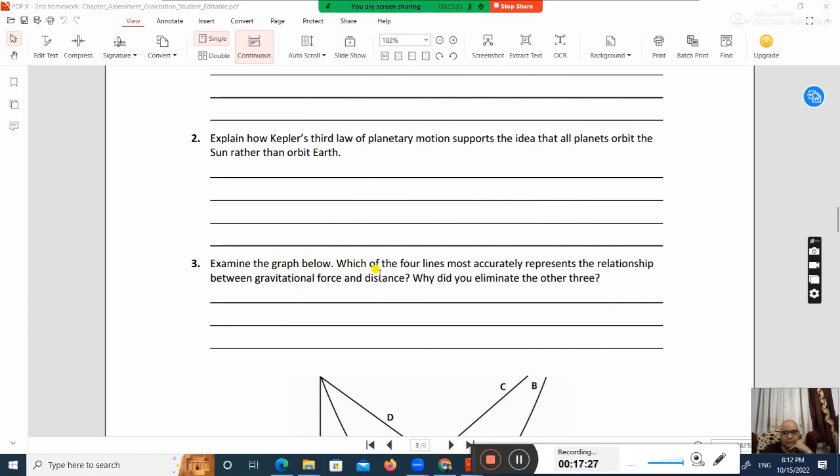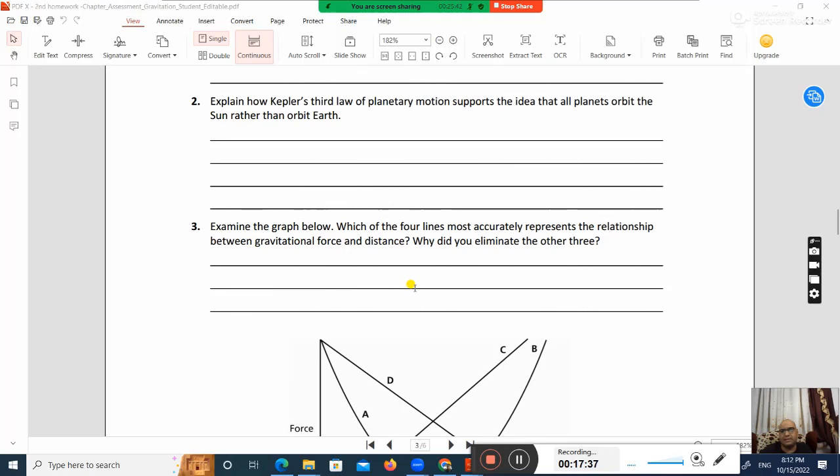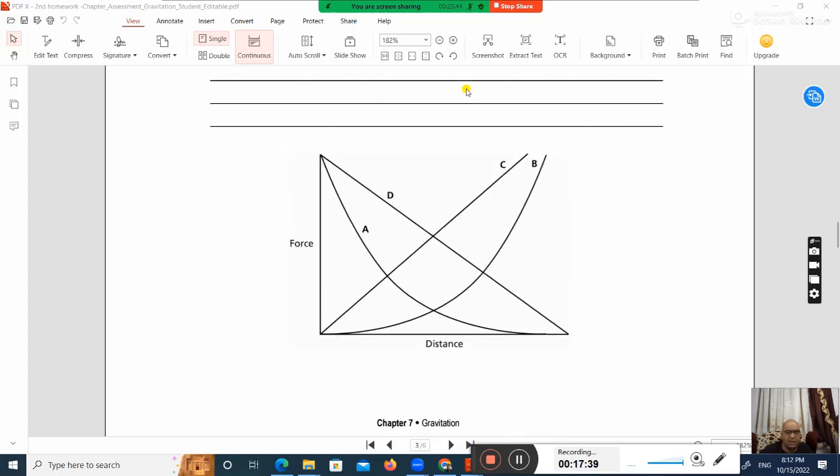Examine the graph below. Which of the four lines most accurately represents the relation between the gravitational force and distance? Why did you eliminate the other three? Okay.